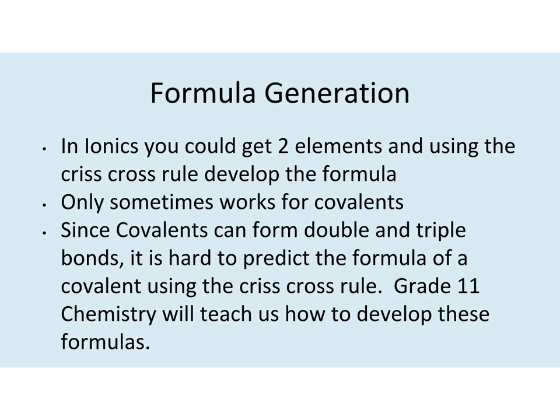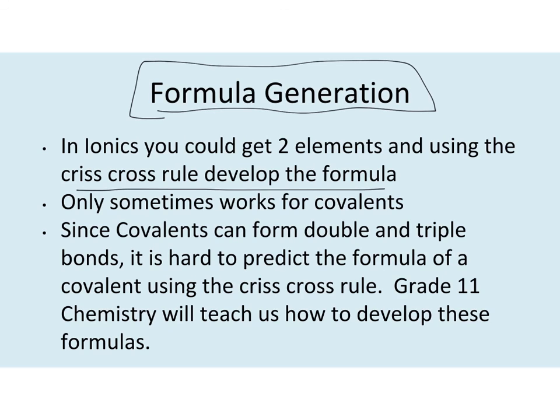Okay, so the last thing I want to talk about was formula generation. I've kind of already alluded to it. Now, when we went through ionics, we had a whole lesson on making formulas for ionics because they're set, and there's not really multiple different formulas you can make. So in ionics, you could get 2 elements, and using the crisscross rule, you could develop the formula. However, when we get to covalence, it only sometimes works.